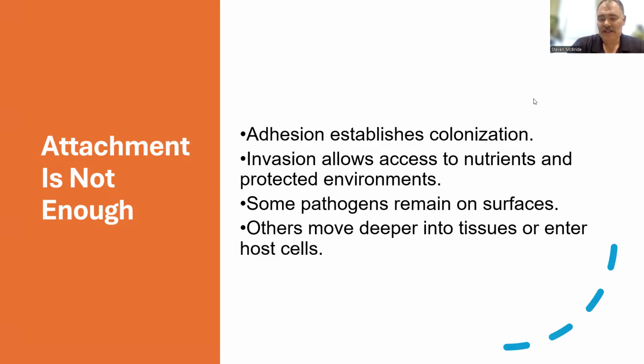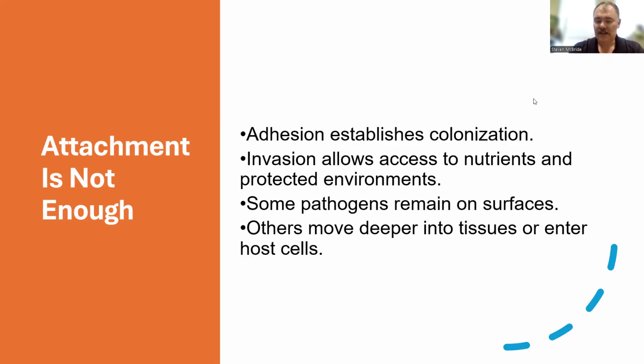Attachment is absolutely essential for infection because a pathogen that cannot stick to a host tissue will simply be washed away. But attachment alone is often not enough to cause disease. Attachment allows a pathogen to establish colonization, but many pathogens gain important advantages by moving beyond the surface.